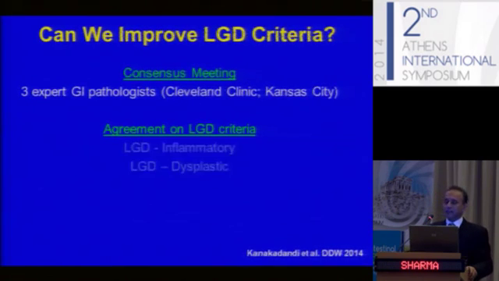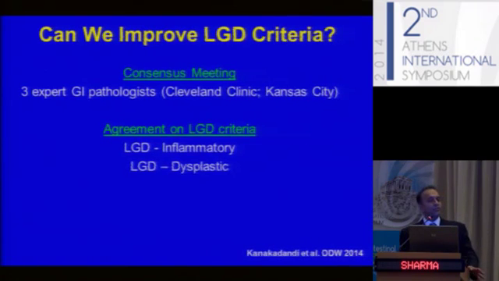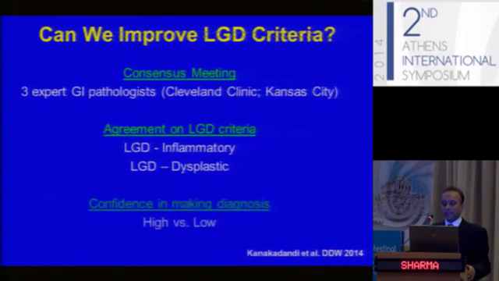They agreed on these criteria. What they thought was that the most problematic part was the inflammatory component within low-grade dysplasia. So they said, okay, we'll try to make a diagnosis by classifying this as low-grade with predominant inflammation, or low-grade which is predominantly neoplastic.